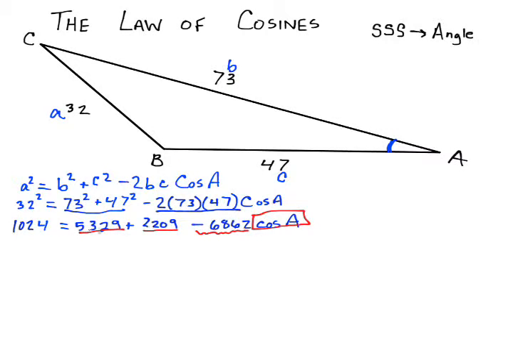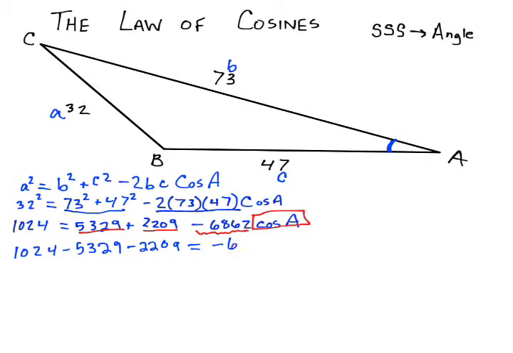So to get rid of the 5,329, I'm going to subtract that from both sides. So we have 1,024 minus 5,329. I'm going to take away the 2,209 also.